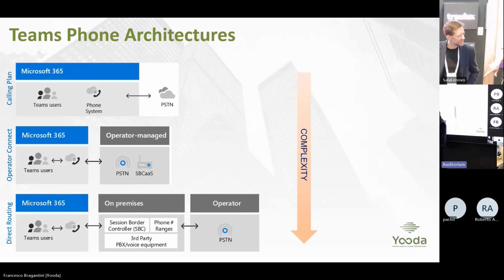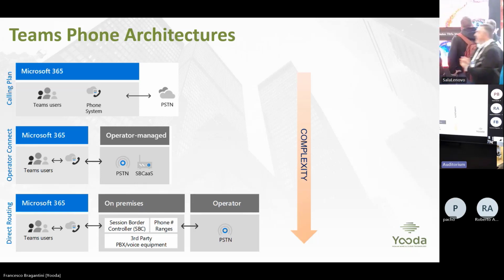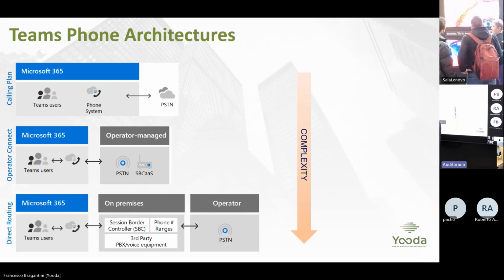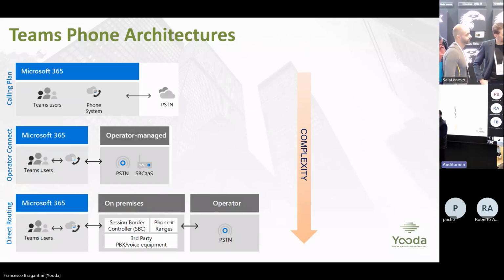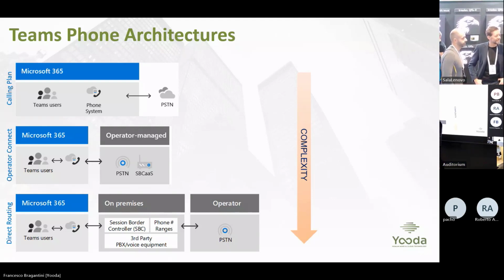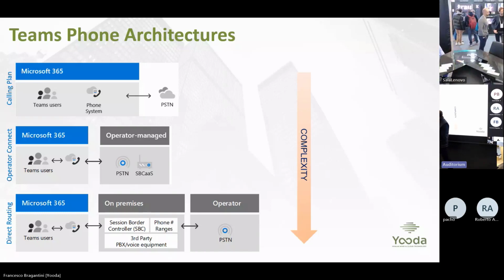Next is Operator Connect, which basically decouples the PSTN part from Teams. So you still have Teams, you still manage the users and the numbers within Teams, but you have your operator that has passed through a certification program, which allows them to be connected directly to Teams. And this enables them to provide you with the numbers directly from Teams. So you still manage the numbers in Teams Admin Center, and the operator just manages the connection to the PSTN.